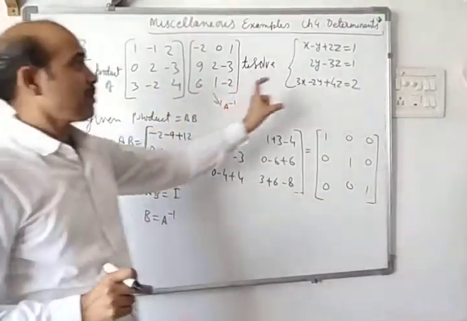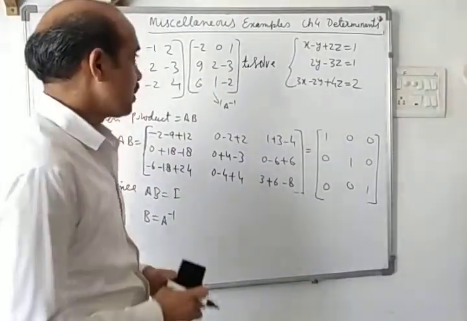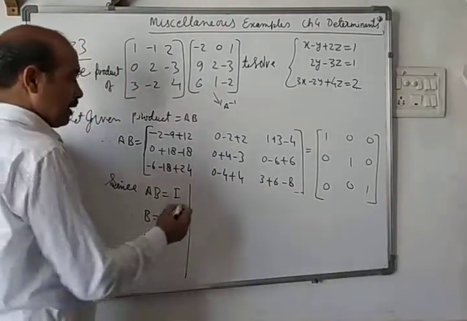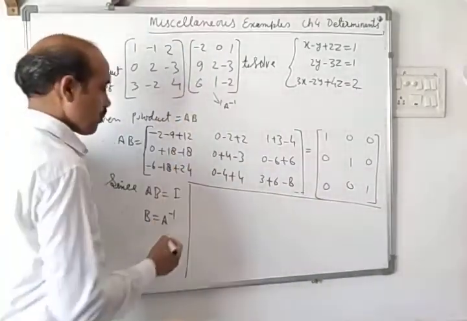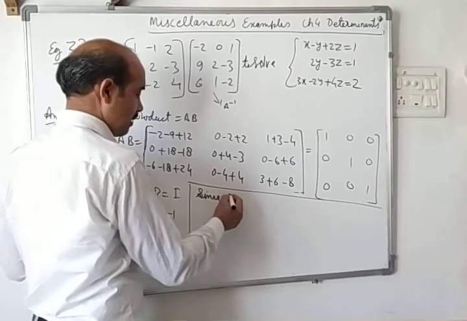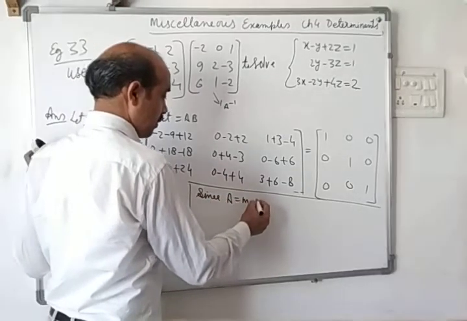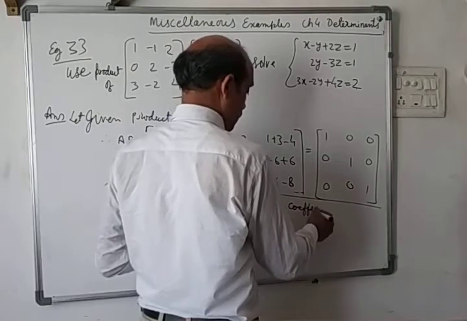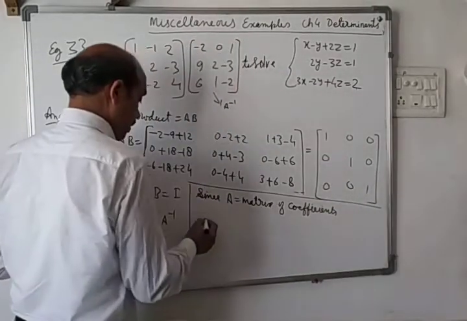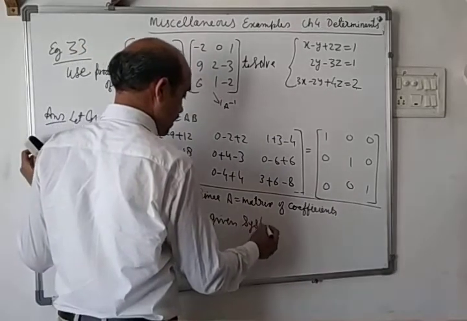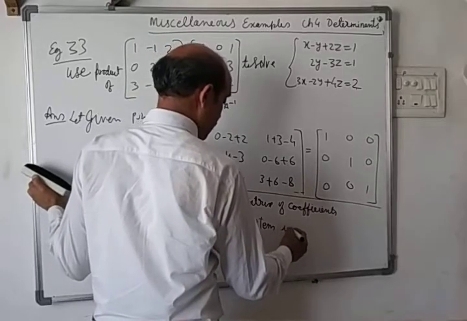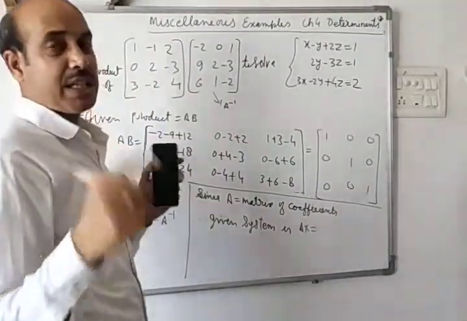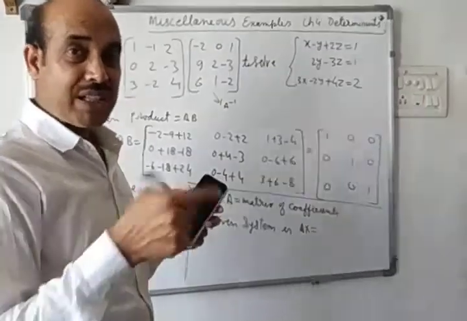It means A is the matrix of the coefficients. So after that you have to find the matrix of coefficient, that will be definitely A. You may write directly, since A is matrix of coefficients, therefore given system is Ax equal to, now B is already we have supposed here, this normally we take Ax equal to B for system of equation in matrix form.